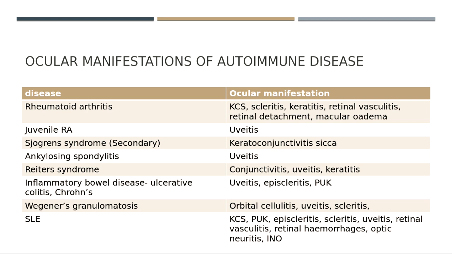Rheumatoid arthritis patients get dry eye syndrome, keratoconjunctivitis sicca, scleritis, keratitis, you name it, rheumatoid arthritis can cause it. Retinal vasculitis, exudative retinal detachment, macular edema, and SLE likewise. Other autoimmune diseases implicated are juvenile rheumatoid arthritis, secondary Sjogren syndrome, Reiter's syndrome, inflammatory bowel disease, ankylosing spondylitis.